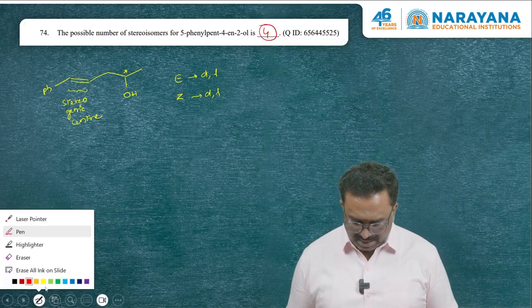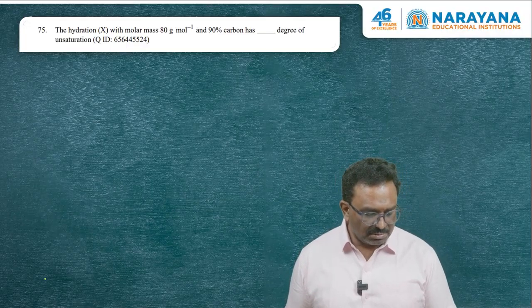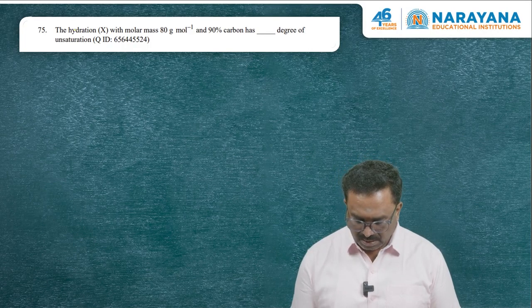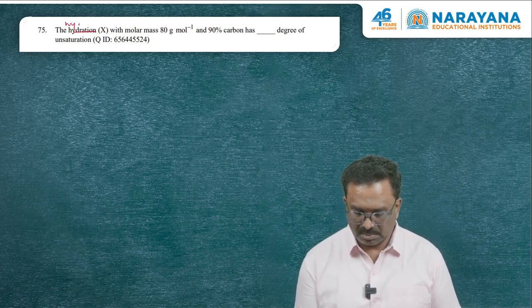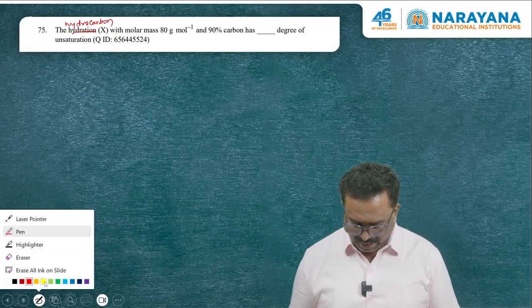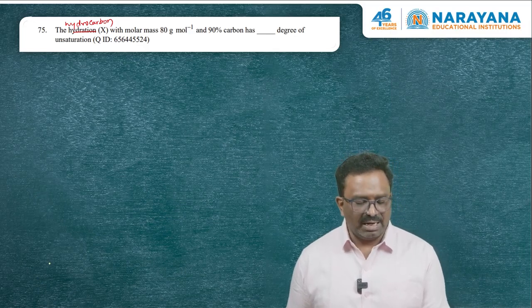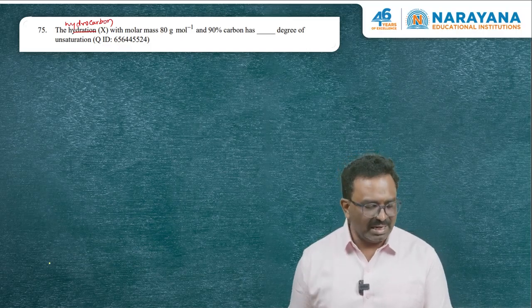Let me see the next one here. A hydrocarbon with molar mass 80 grams per mole and 90% carbon. So now you can identify the hydrocarbon which has 90% of the carbon, which was given, molar mass is 80 grams.